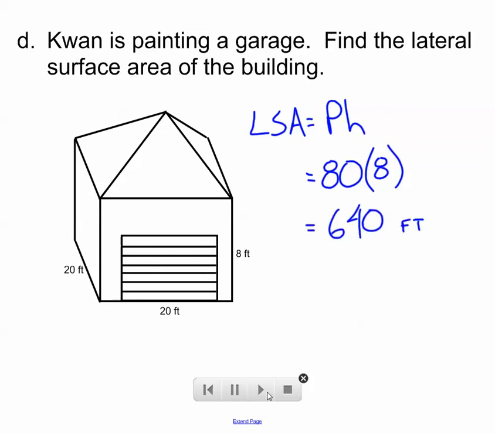It's 640 square feet. And now that we know that, if we know that paint covers 100 square feet per can, we'd know we'd need to buy 7 cans of paint to paint all this. Of course, we could exclude the garage too, but we'll just kind of leave it simple. Maybe he is painting the garage.